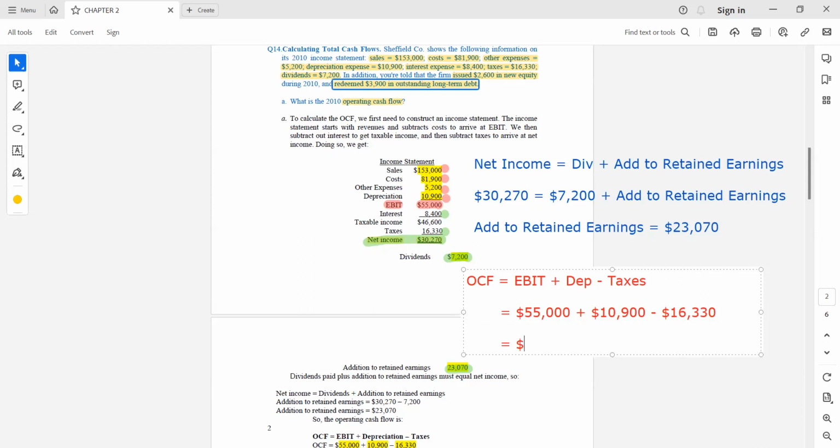So someone give me the value. 49,570. Okay, so that's the answer for the first question, A, OCF.